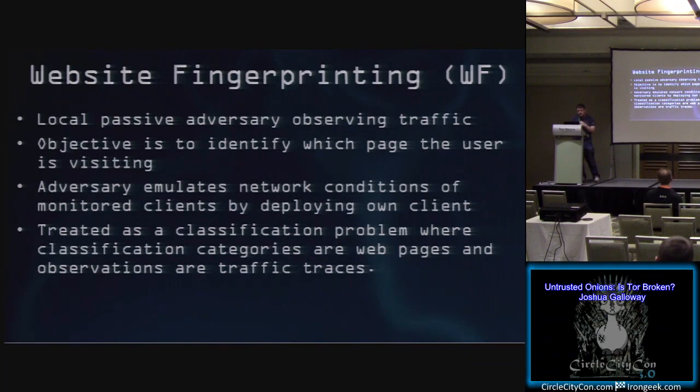The adversary has to basically browse to those sites themselves and record the traffic traces, and that is the data that is fed to the machine learning algorithm. The categories are the specific pages, and so it would associate any traffic with that pattern with that category, which is that page.